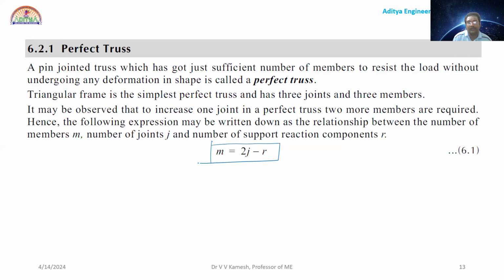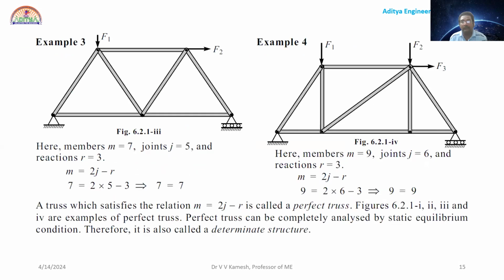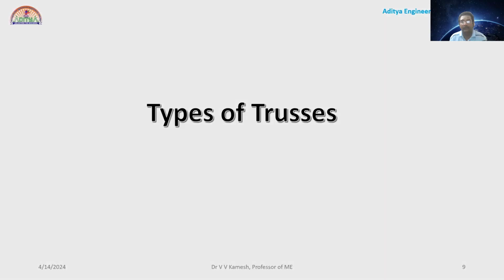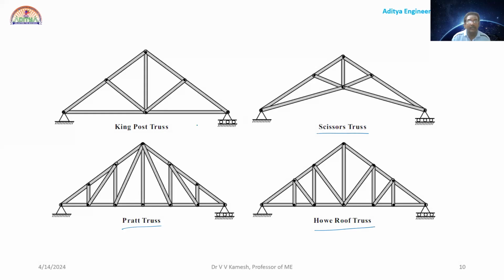If any truss is taken, the number of members is M, right? In the earlier diagram, you might have seen, in one of the trusses I will show you. Suppose I'm taking the king post truss.